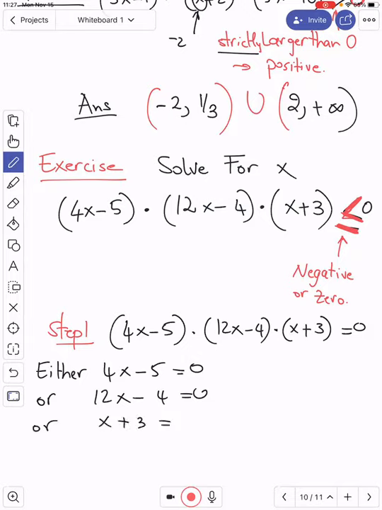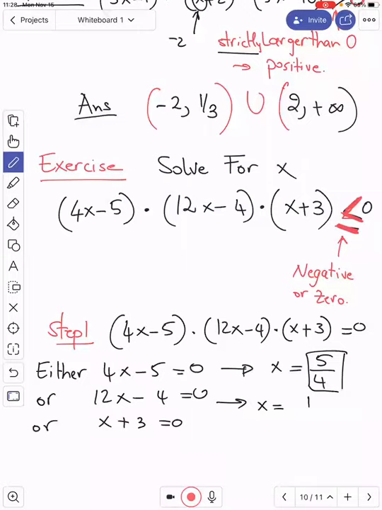Now, if the first factor is 0, then your x would be 5/4. If the second factor is 0, then your x would be 1/3.